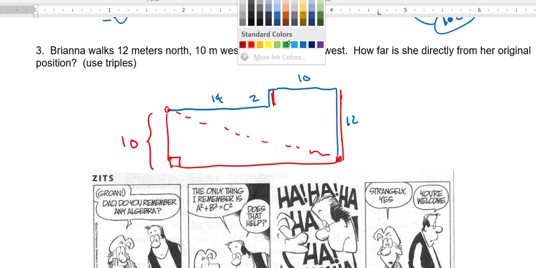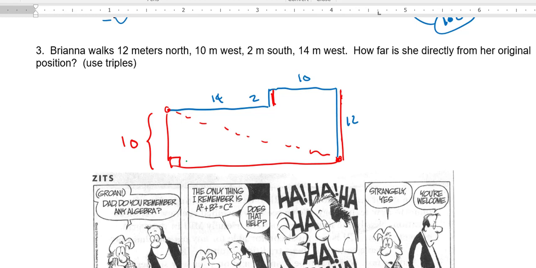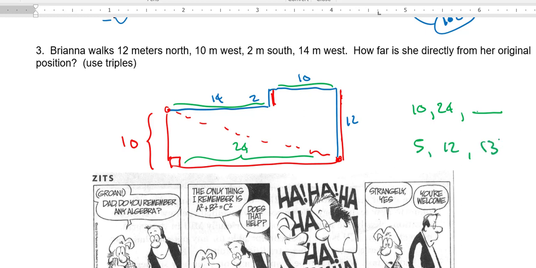And this side right here, down at the bottom, is going to be 14 plus 10, or 24. And so you're going to end up with a 10, 24 something triangle, or if I divide it by 2, it's going to be 5, 12, 13. So this one has to be multiplied back by 2, so it's going to be 26. So this distance is 26.